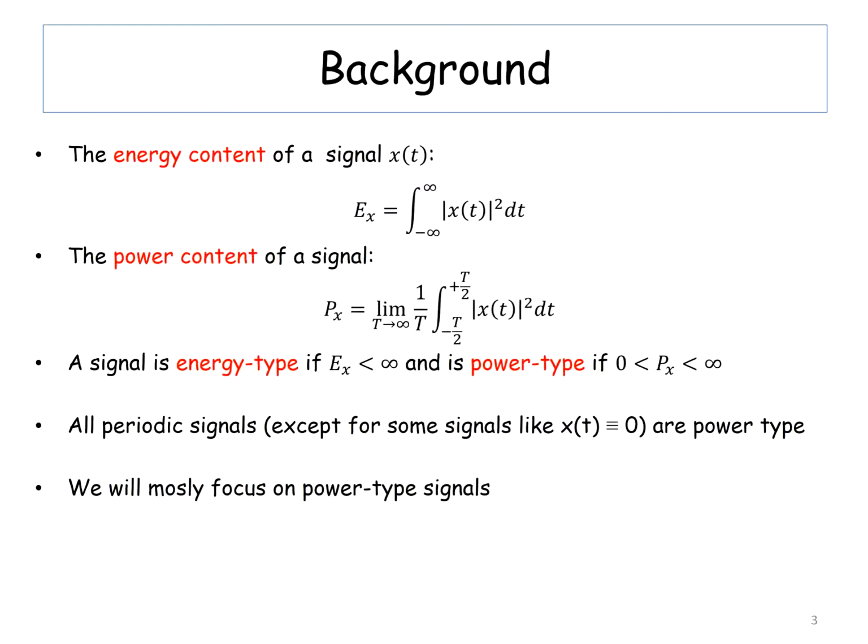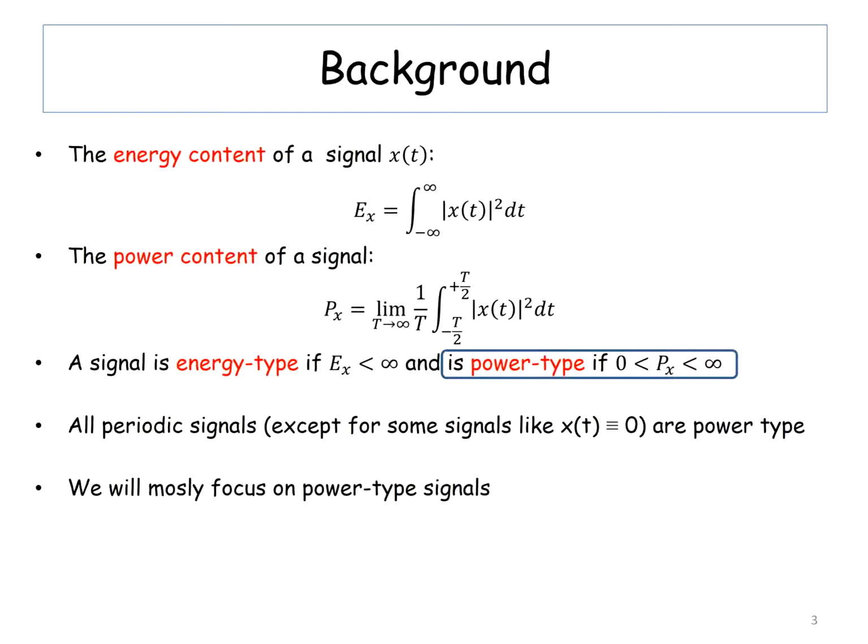Based on its power and energy level, a signal can be categorized into an energy or power type signal. More clearly, a signal is an energy type signal if its energy is less than infinite. It is a power type signal if its power content is between 0 and infinite, as introduced in the slides.